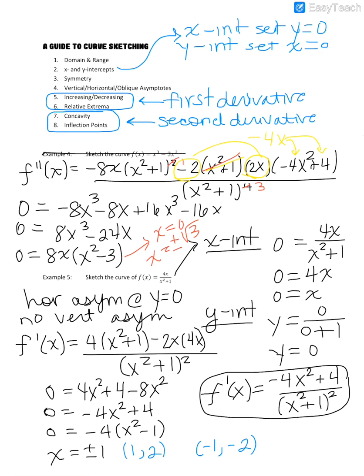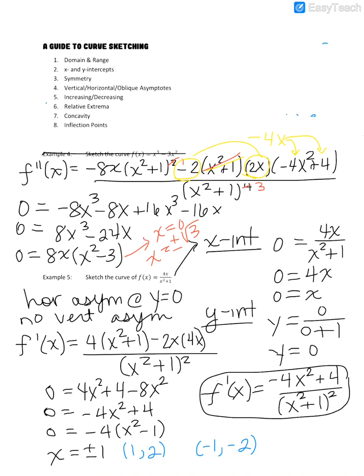Okay, so now I'm going to make a number line. I'm just trying to figure out the best place to do this. And so I have my 0, my negative radical 3, my positive radical 3.